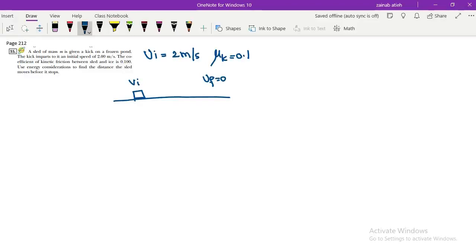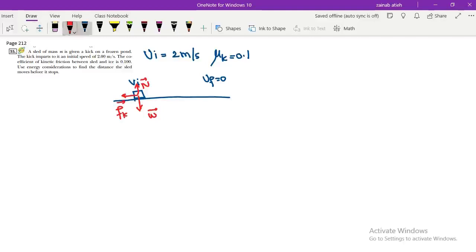We have to find the distance traveled. Because we have a friction, we will use delta E mechanical equals the work of non-conservative forces. Let's see what the forces acting on the sled are. We have the weight, which is vertically downward. We have the normal, and we have the kinetic friction, which is opposite to motion.